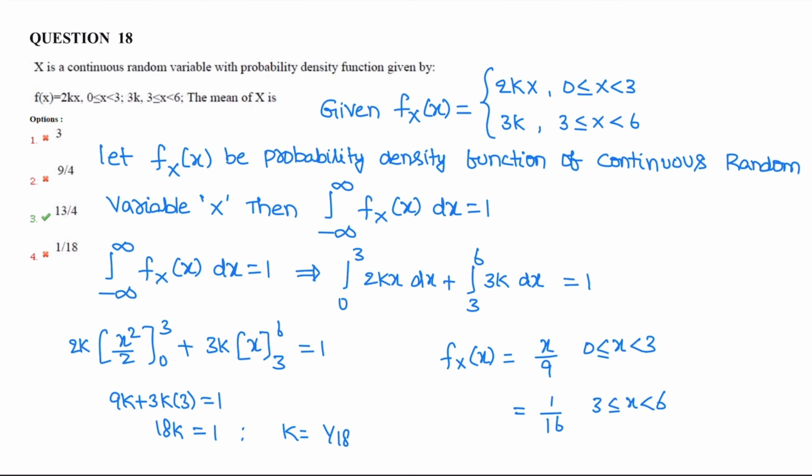This is the function. The function f of x is equal to x by 9 for 0 less than or equal to x less than 3, 1 by 6 for 3 less than or equal to x less than 6.